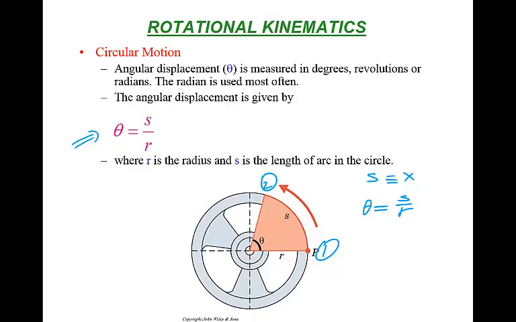Using this expression we can define the radian, by the way. 1 radian is equivalent to an arc that has the same size as the radius, which means if you want this theta to equal 1 radian, you need this arc S to exactly equal the radius.